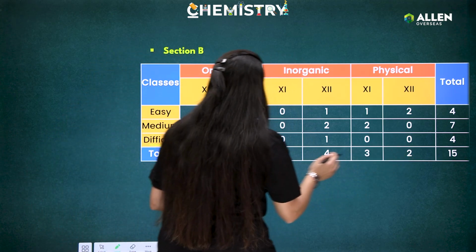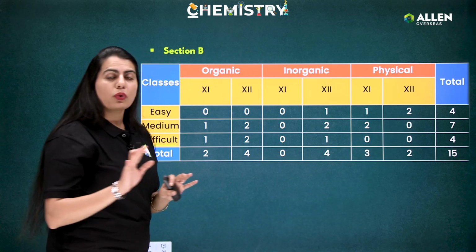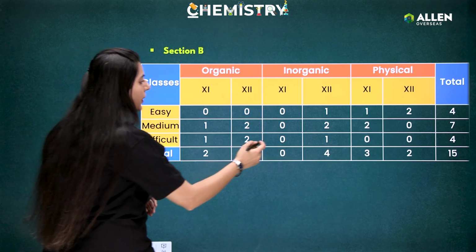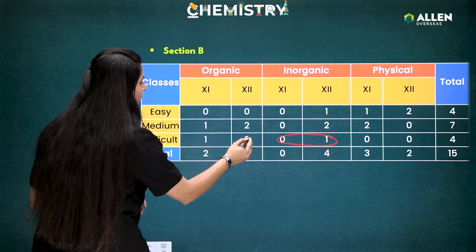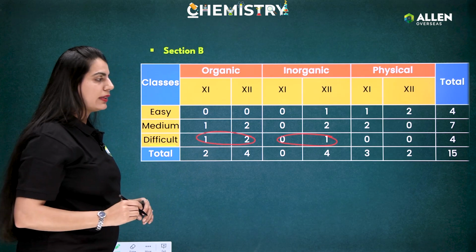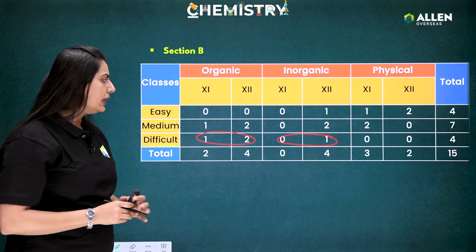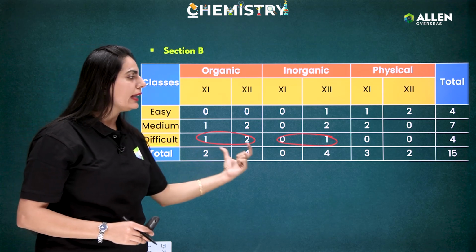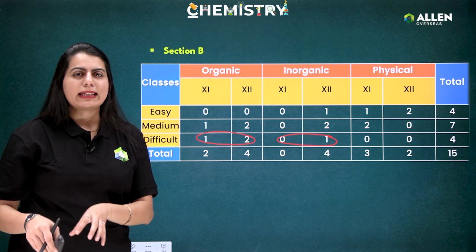In physical, there were no such difficult questions. From inorganic, you can see, and from the organic part, 3 questions were there. So if you have to attempt 10 questions out of 15 and you skip these 4 questions, you are still putting yourself on a safer side.